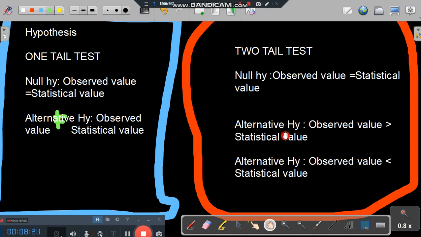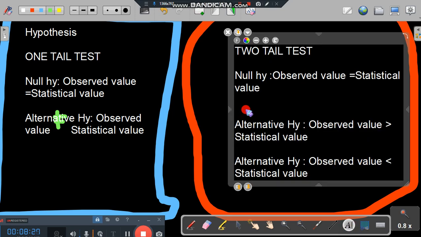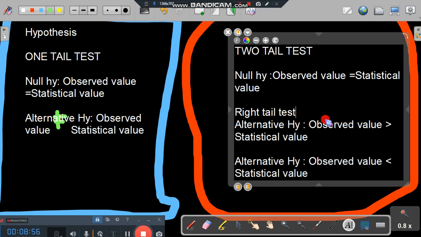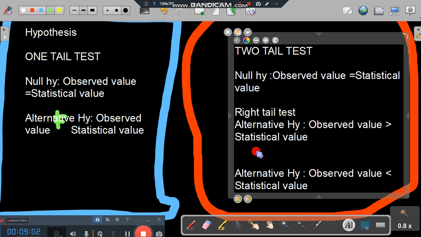Now only one thing you have to understand: this is called a right-tail test. If the alternative hypothesis says the observed value is greater than the statistical value, this test is called a right-tail test. But here it is called a left-tail test.